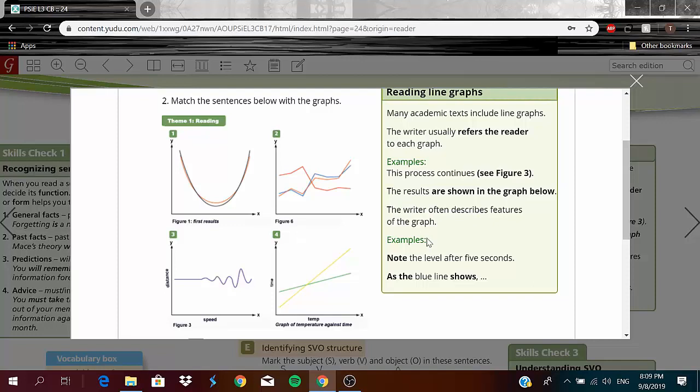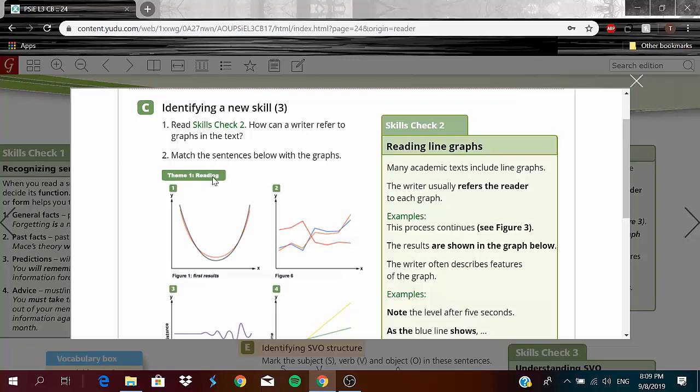The writer often describes features of the graph. So for example, as the blue line shows, and you'll obviously find a blue line. Or note the level after 5 seconds, and that is why it comes in real clutch and handy to know how to read the graph, so you don't spend too much time just messing around trying to understand how to read it. Okay, so here we have match the sentences below with the graphs.